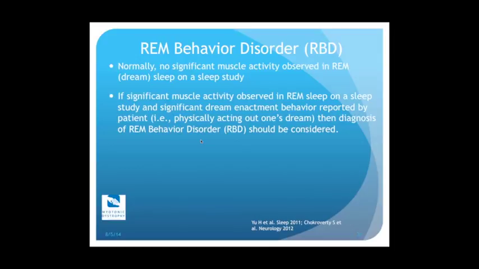If significant muscle activity on a sleep test is observed while someone's dreaming, think of it as a lot of muscle twitches occurring on the sleep study, and then by history, that patient reports this thing we refer to as dream enactment behavior.